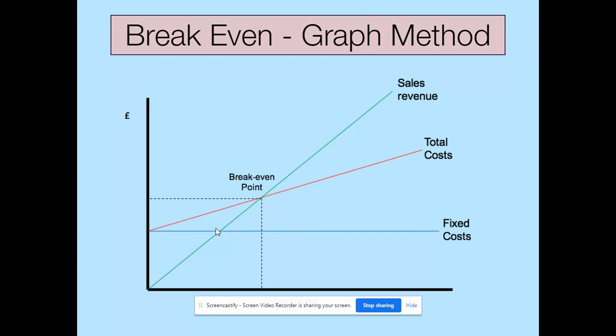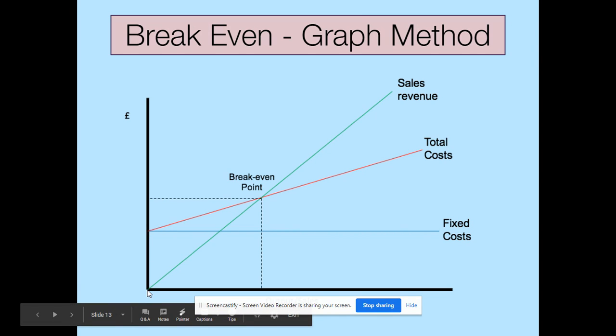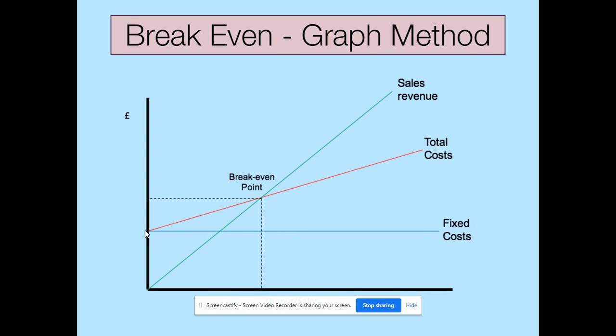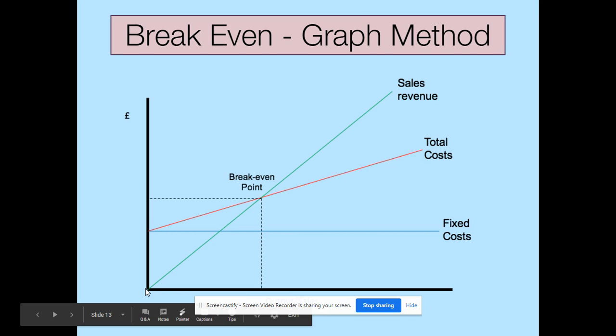Then we've got this other line here, the red one, total costs. And total costs take into account the variable costs that you should know what they are by now. And basically it's upward sloping because it starts from the fixed costs. Okay, so it starts from here. It doesn't start from zero, it doesn't start from the origin, because we're taking into account the fixed costs. So you always have to start with the total cost here, because otherwise, if you were starting here, that would be the variable cost.